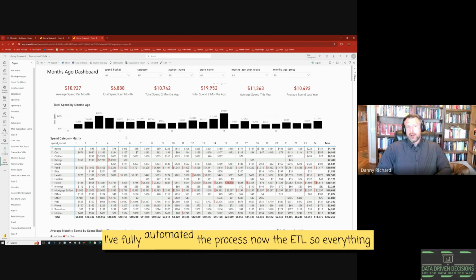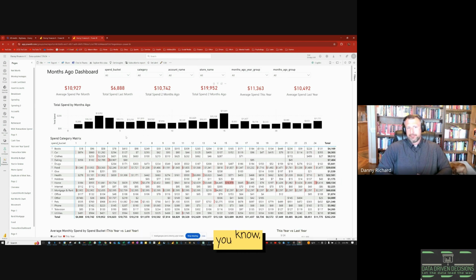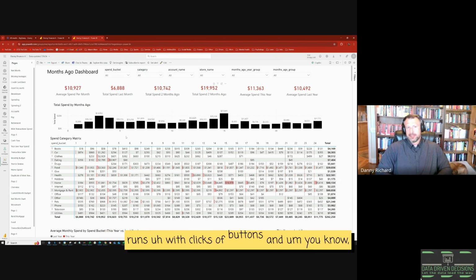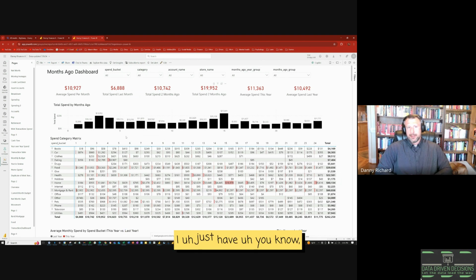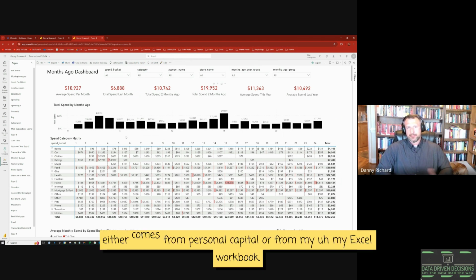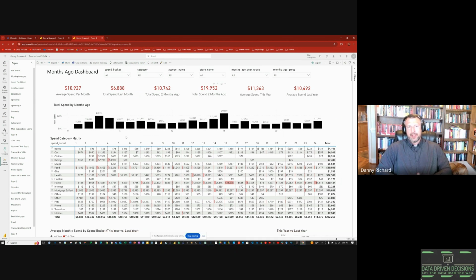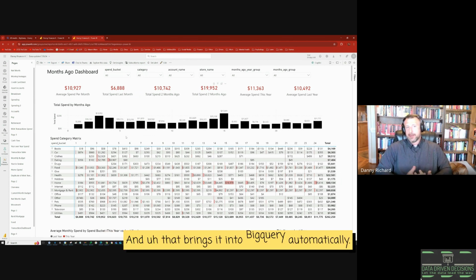I've fully automated the process now, the ETL, so everything just runs with clicks of buttons. I'm using Python to dynamically import the data that either comes from Personal Capital or from my Excel workbook, and that brings it into BigQuery automatically.